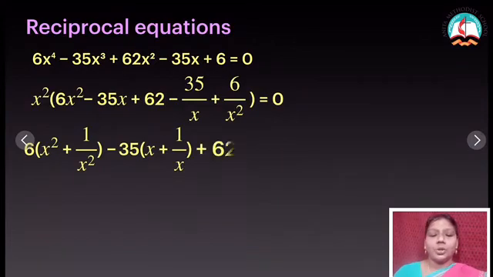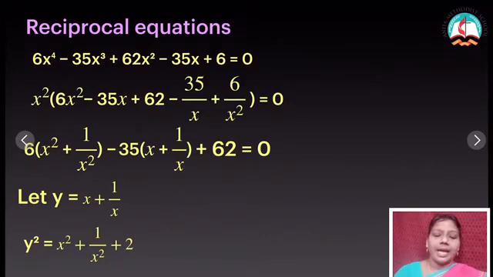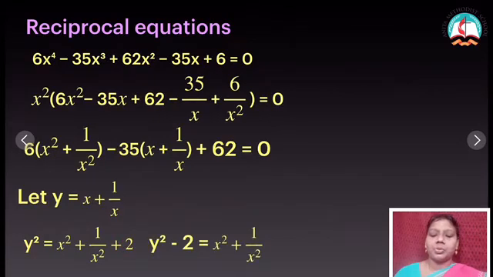So here, to solve this equation, to make it a quadratic equation, I am going to take x plus 1 by x is equal to some y. That means I am going to take a square on both sides, because I need to get the value x square plus 1 by x square. It will be expanded, that is 2ab, where a and b get cancelled, therefore I get only 2. So now I can bring this to the other side, I will get y square minus 2 is equal to this.